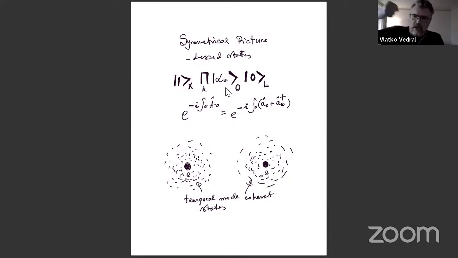When you put a free field, it is just a bunch of simple harmonic oscillators, as you know. When you put a charge there, you basically drive each of these harmonic oscillators. You kick it from the vacuum into the coherent state of amplitude alpha, whose amplitude, of course, depends exactly on the strength of this interaction here.